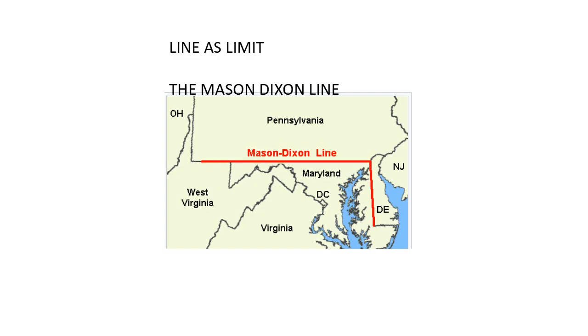And here's another political line which had great significance for black Americans in the 19th century. This line, the Mason-Dixon line, marks the distinction between the southern states of the United States, which allowed slavery, and the northern ones in which it was outlawed. If you were a black slave and you crossed the Mason-Dixon line, then you could gain your liberty.